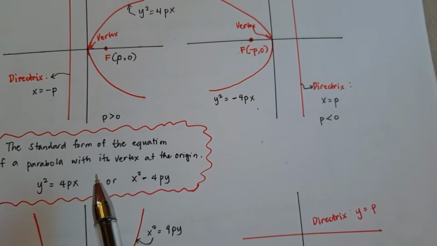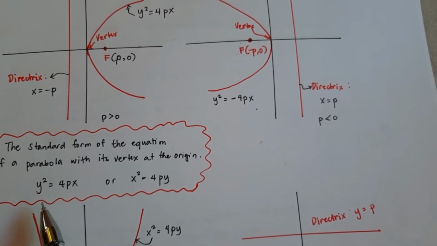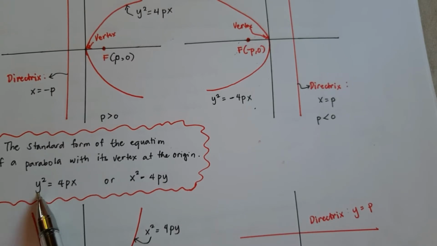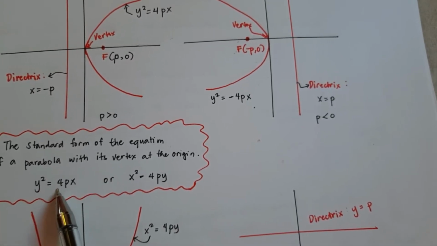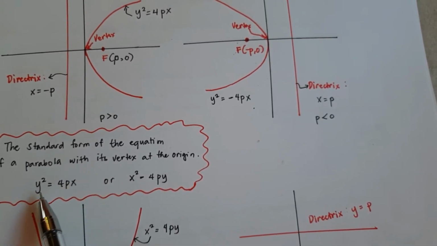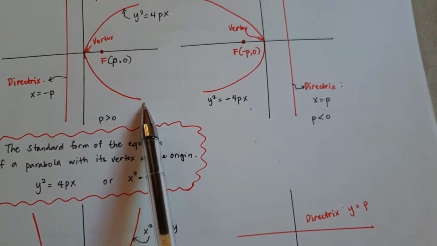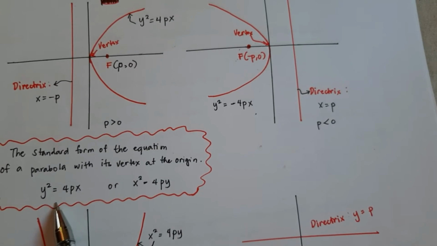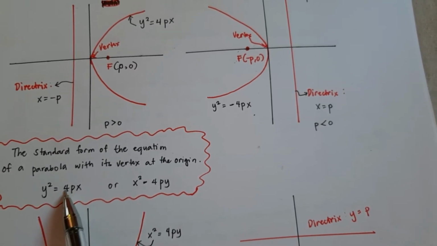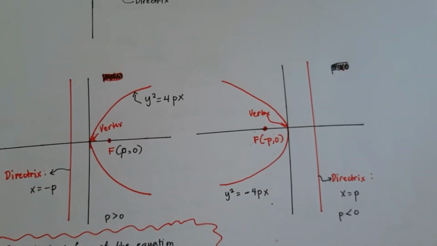So, kapag nasa right or left, the equation should be y squared is equal to 4px. So, this is opening to the right. And pag to the left naman, magiging y squared is equal to negative 4px. So, ito siya.